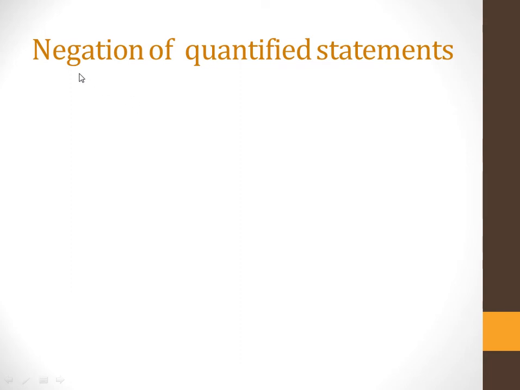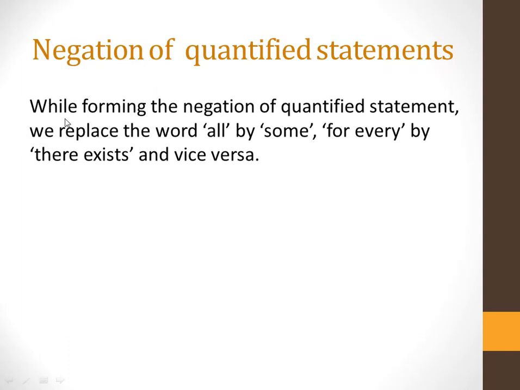While taking the negation of quantified statements, we will replace the word all by some. All is related with the universal quantifier and it is replaced by some. Some means the existential quantifier. Or if the words for every are used in that quantified statement, then it is replaced by there exist, and vice versa.